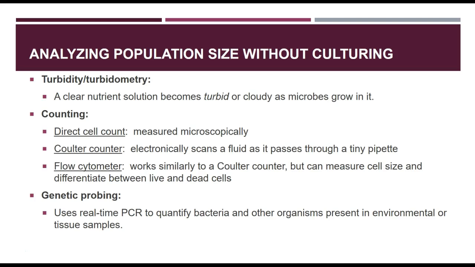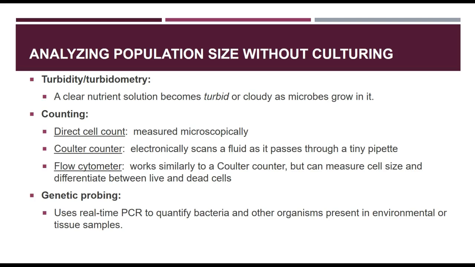And we have measures of turbidity using a turbidometer, using a meter to measure turbidity. We can compare how turbid a tube is or how cloudy it is, and then we can make estimates about the numbers of organisms growing in that tube.